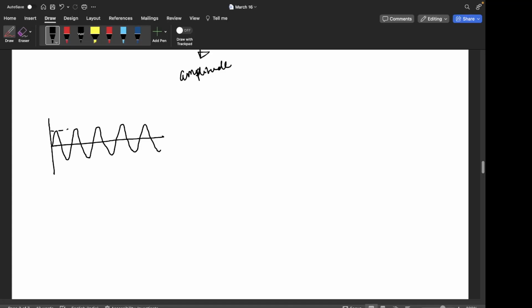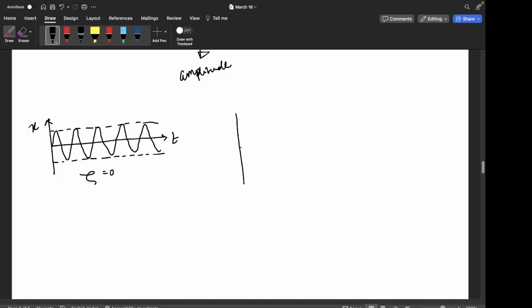This is the case when there is no damping. So whenever you see a plot where there is no decrease in the amplitude, that means there is no damping. And this is, let's say, time, and this is x. So this is a response, no damping.